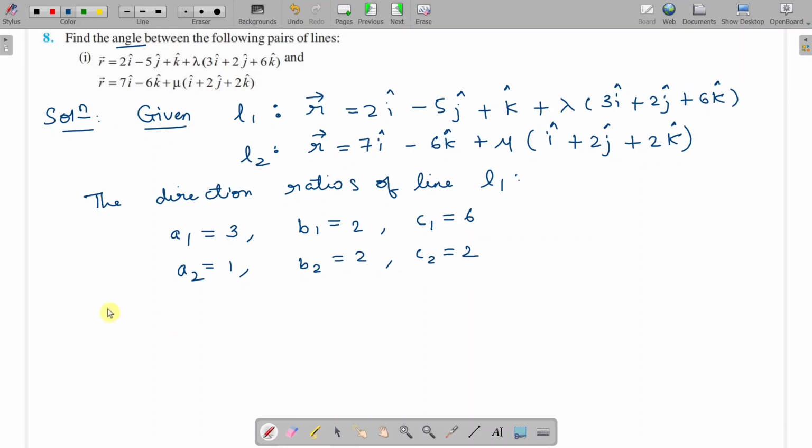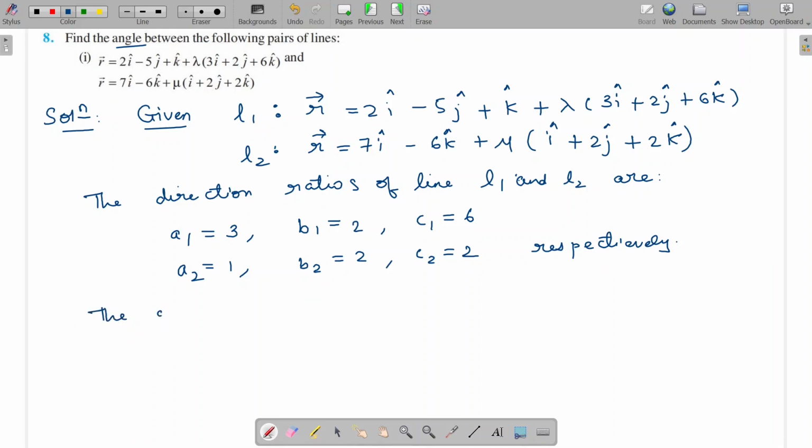Then now we can find the angle. We have written the direction ratios of L1 and L2, respectively. So now we can find the angle between the two lines.